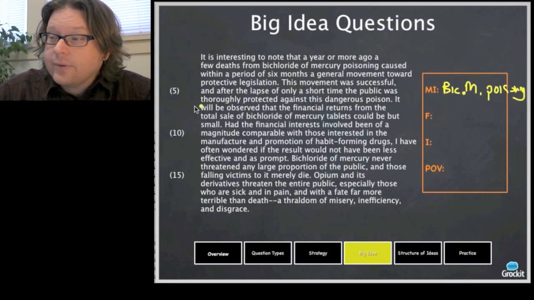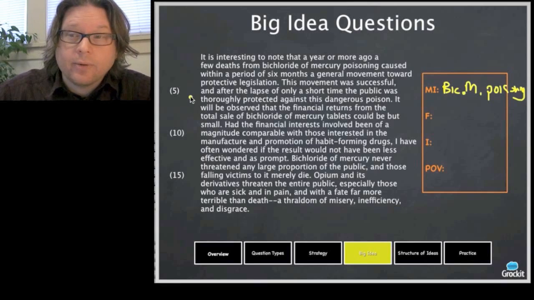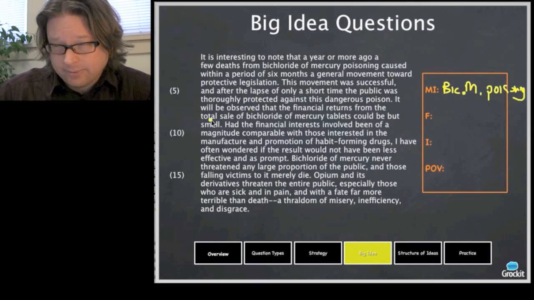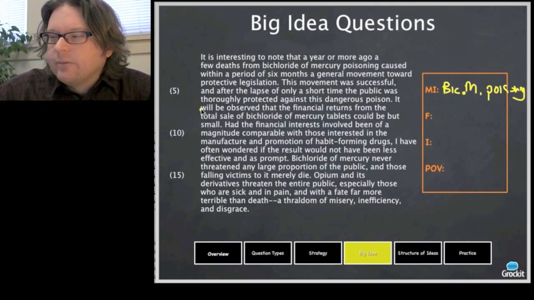This movement was successful, and after a lapse of only a short time, the public was thoroughly protected against this dangerous poison. It will be observed that the financial returns from the total sale of bichloride of mercury tablets could be but small.